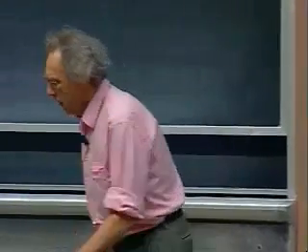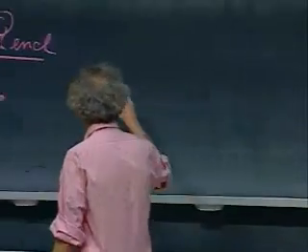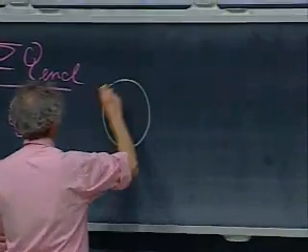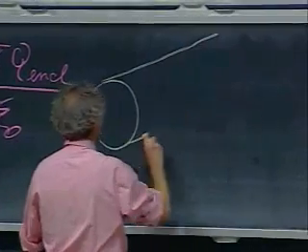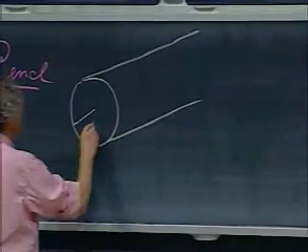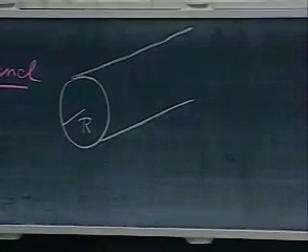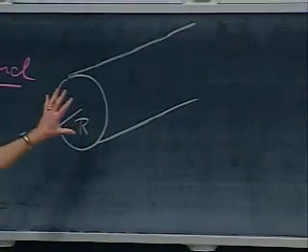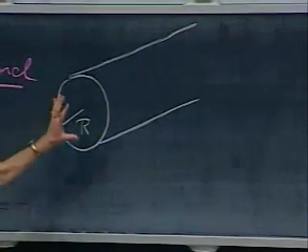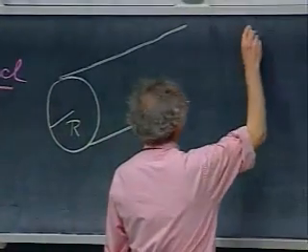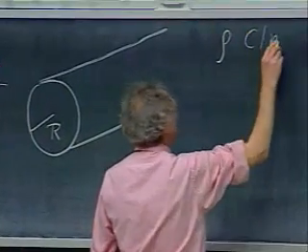So let's now start our first problem, and that is a cylindrical symmetry. Well, we have a cylinder, and here is the cylinder. It's very long, has radius r, and I have uniform charge distribution throughout the whole cylinder, and the density is rho coulombs per cubic meter.